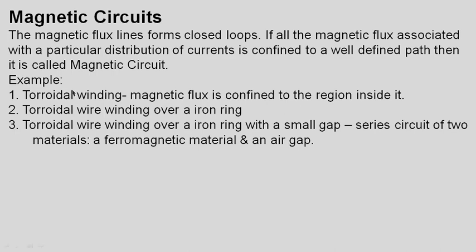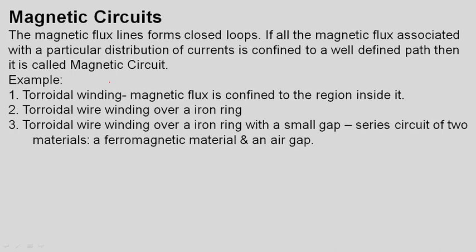Now in the magnetic circuits, circuit means a closed path, a closed path made up of magnetic field lines. A group of magnetic field lines is called a magnetic flux. And we take it as a magnetic circuit because the magnetic field lines produced by any source always form a closed loop.